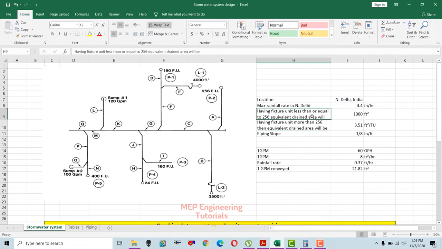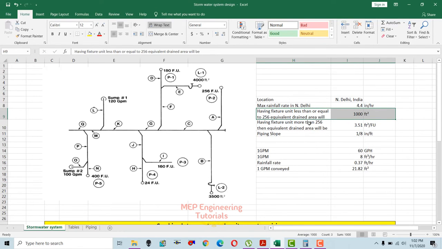So here is the procedure for a combined stormwater and sanitary drainage system, which we need to follow as per standard: if you have less than or equal to 256 fixture units, then the equivalent drained area you take is 1000 square feet. Let's say if you have 200 fixture units, then the equivalent drained area which you will take as per procedure is 1000 square feet.